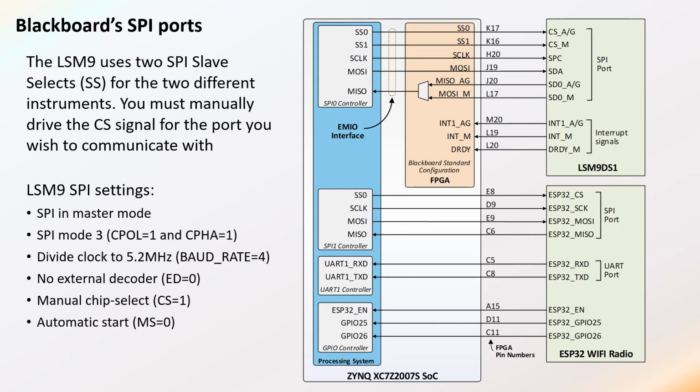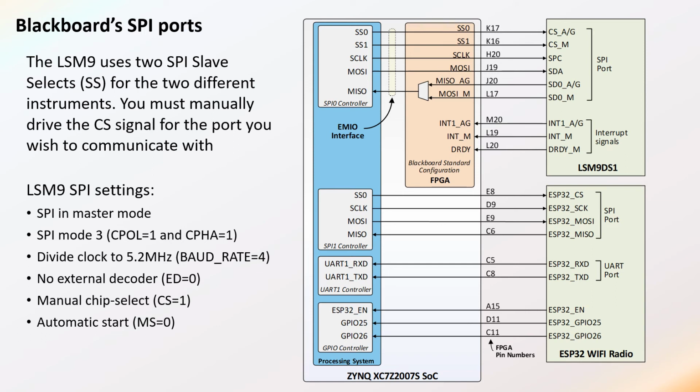So if you are using the SPI 0 controller, if you look over in the darker blue rectangle inside the Zynq there, you can see the top controller is labeled SPI 0 controller. So if you're using SPI controller 0 and you manually enable slave select 0, you're going to be talking to the accelerometer and gyro.